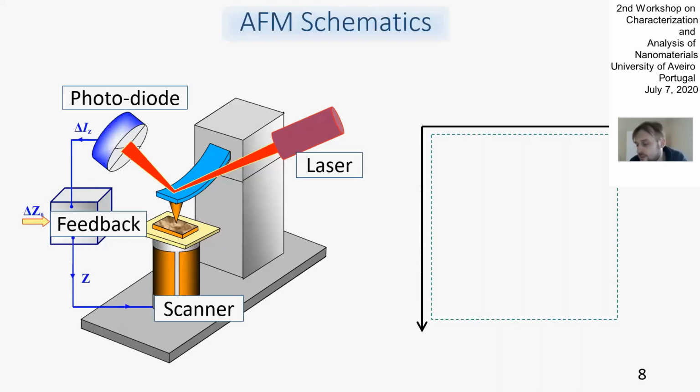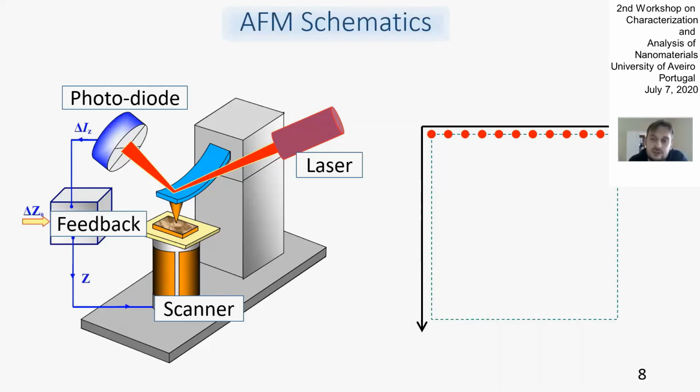Atomic force microscopy is part of the scanning probe microscopy techniques, and it means that in order to get a whole image, we need to organize scanning, so measurement of the signal at each point of the scan. For that reason, we move the sample very precisely with the scanner, with a sensitivity of a picometer.